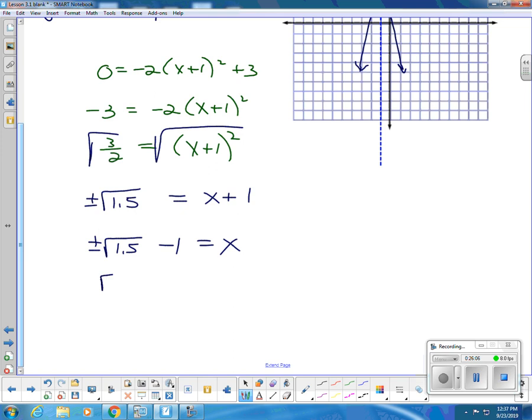You get the square root of 1.5 minus 1, and you get the negative square root of 1.5 minus 1. And I want to say, if I'm remembering correctly, it's 0.22 and negative 1.22. This cannot be factored. This is not a perfect square, so they're going to come out as decimals.